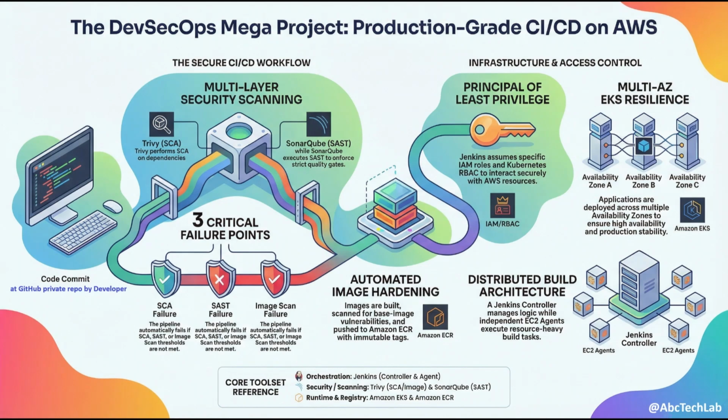Our CI flow will include Trivy file system scans, Maven, Sonar, image scans, and ECR pushes. Finally, we'll provision a multi-AZ Amazon EKS cluster, configure AWS auth config maps, and run a secured production grade deployment.